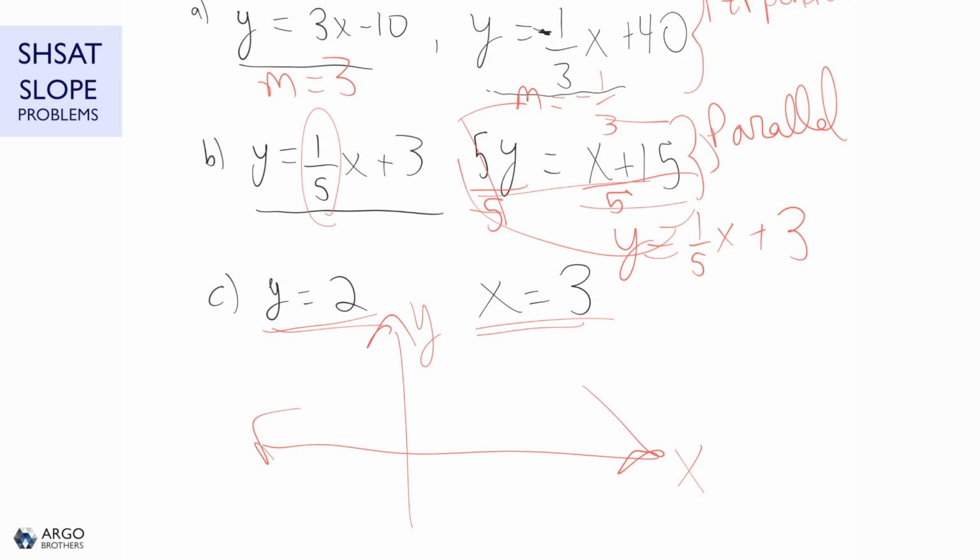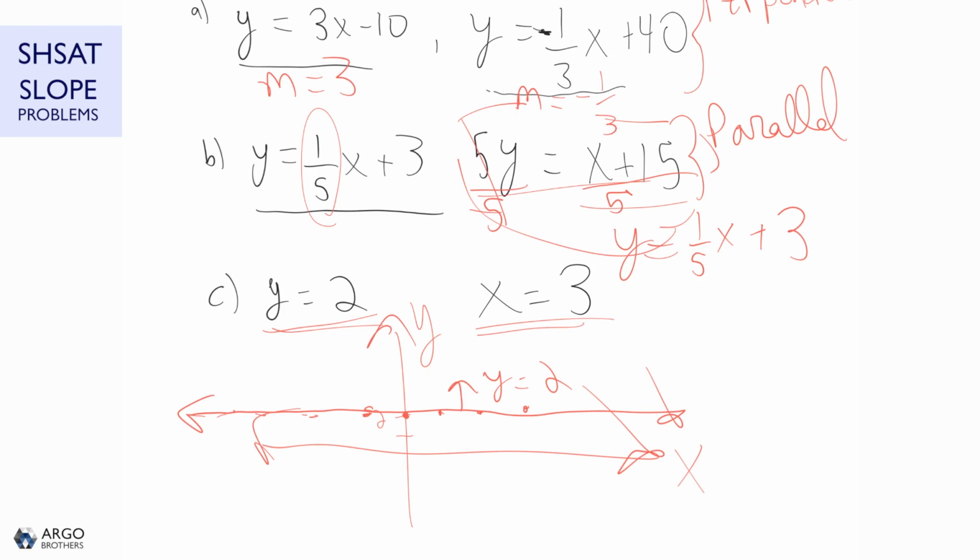That would be this point here. That's where y equals 2. But also y equals 2 here, and here, and here. So the line y equals 2 is this horizontal line. That line is purely horizontal, and this is what I meant, it's parallel to the x-axis.